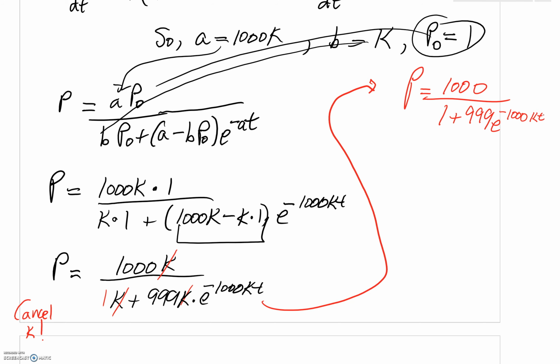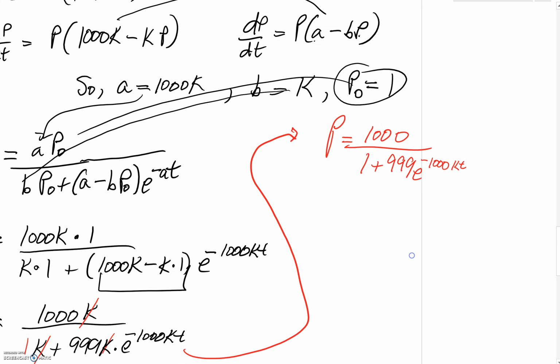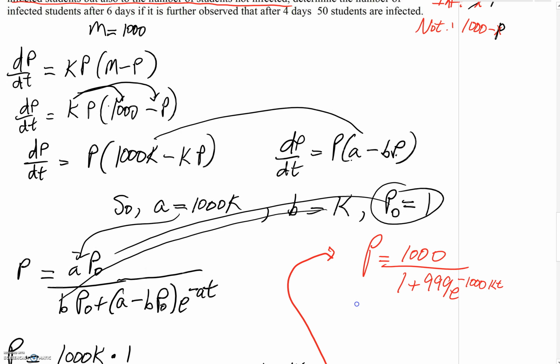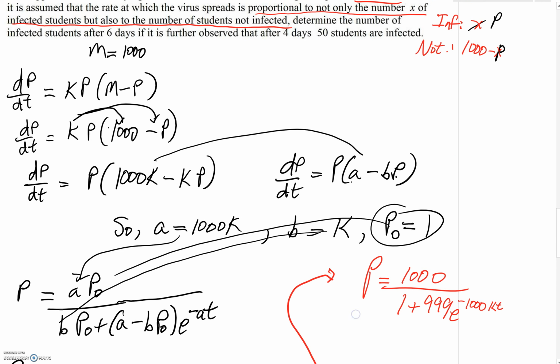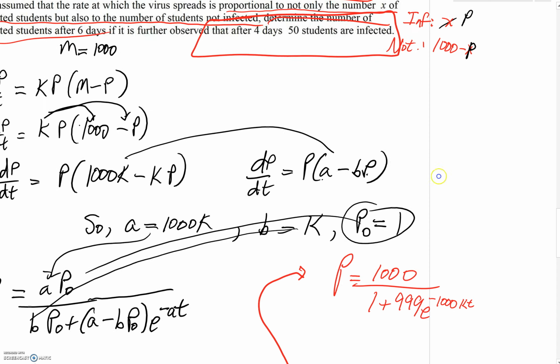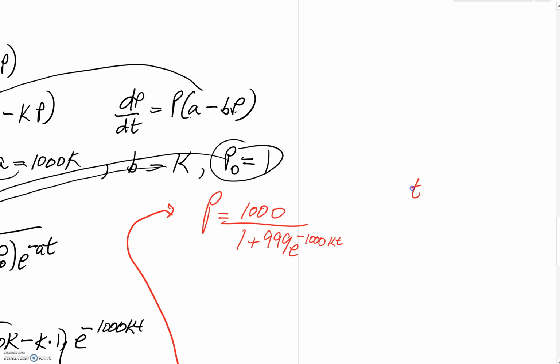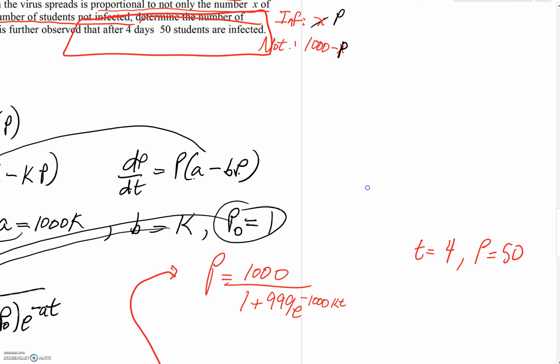You might notice we don't have that k just yet. Guys, I do want to point out that we're trying to find the number of infected students after 6 days, but you have an initial condition. When t is equal to 4, they're telling you that 50 students now have that virus.